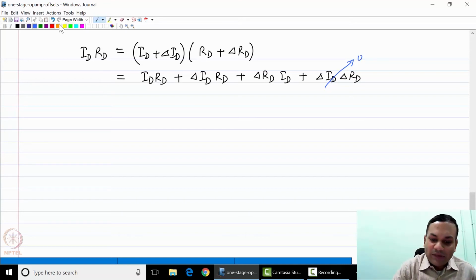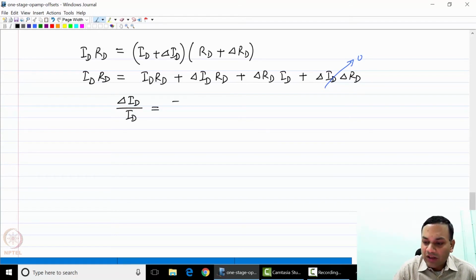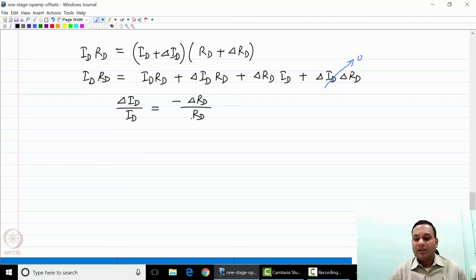Now this implies that delta ID by ID should be equal to minus delta RD over RD. So now this is actually a fundamental mismatch parameter.